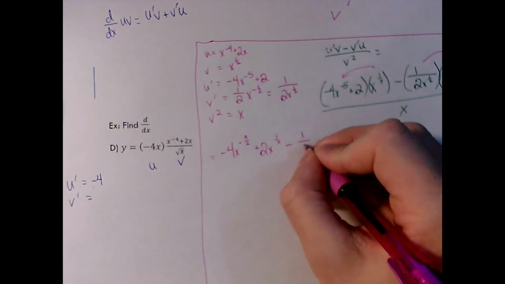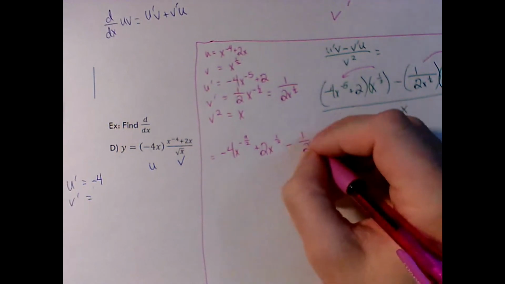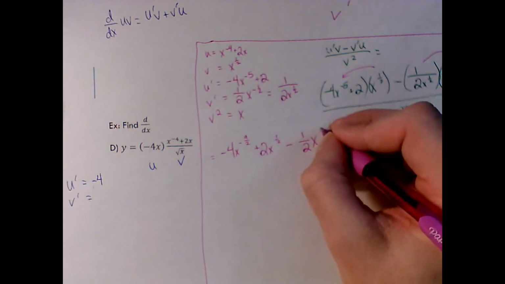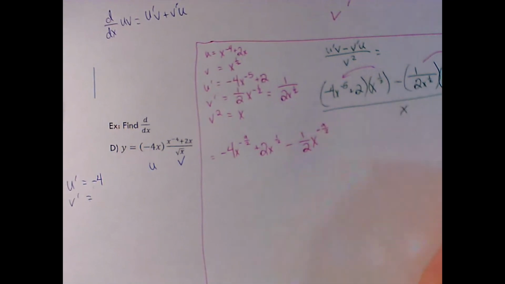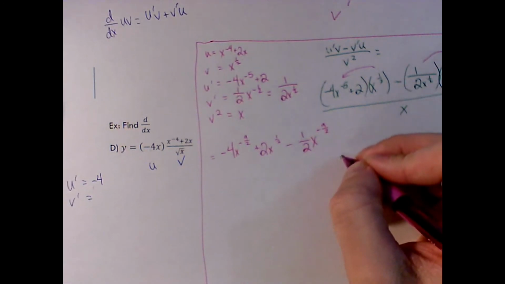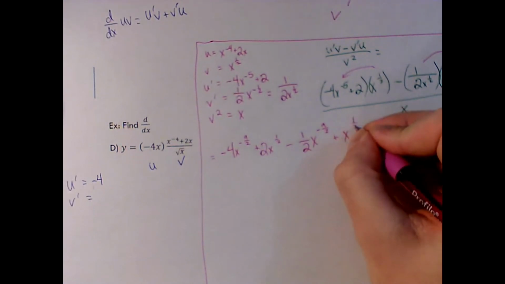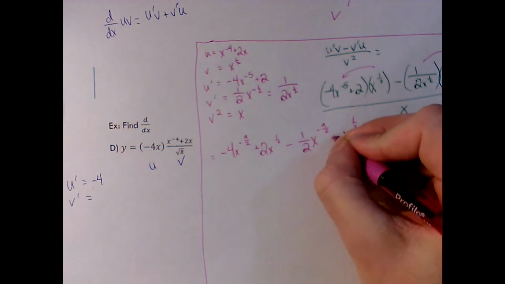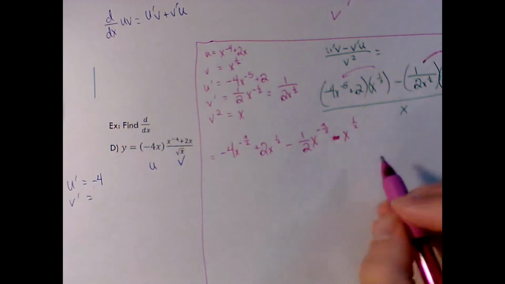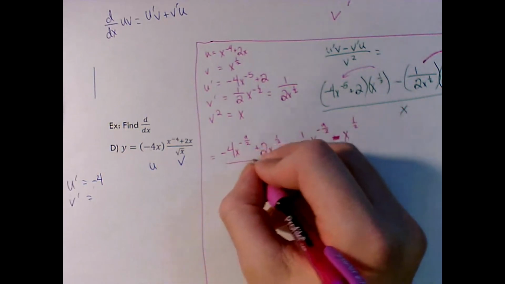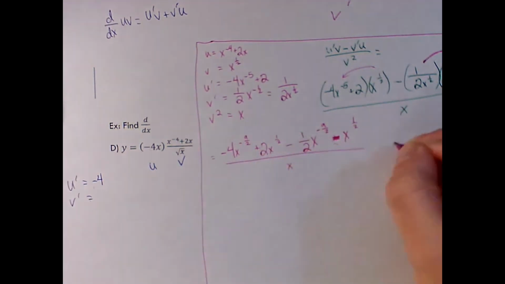I'll write it out like this: 1/2 x to the -4 minus 1/2, which is, oh no way, -9/2. Okay, that's good. Plus 2/2 is going to just be 1 x to the 1/2. That should be minus because I'm distributing the negative here. That's a minus, all over 1/2, all over x.